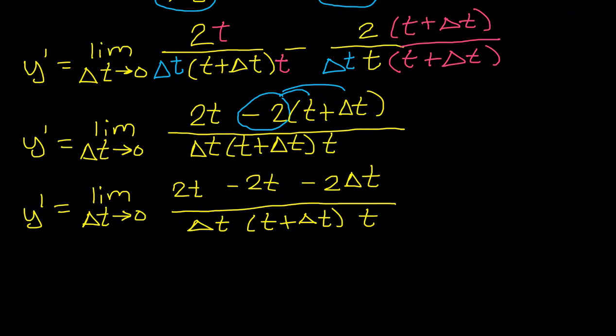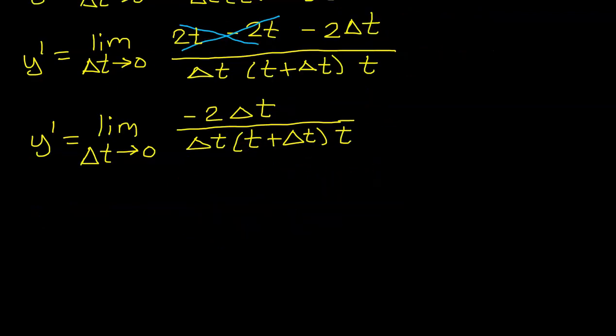Scan through the numerator. Do you see anything that can cancel out? Of course, you see the 2t and the minus 2t. And that's the key. We really went through all of this so that we can cancel out the delta t's on the next step. So now we have this.